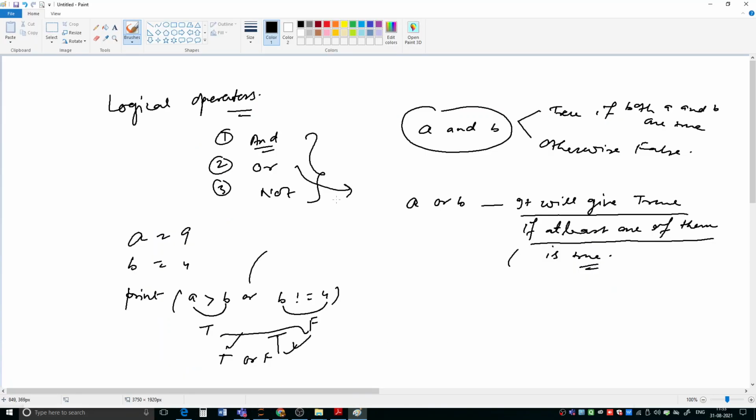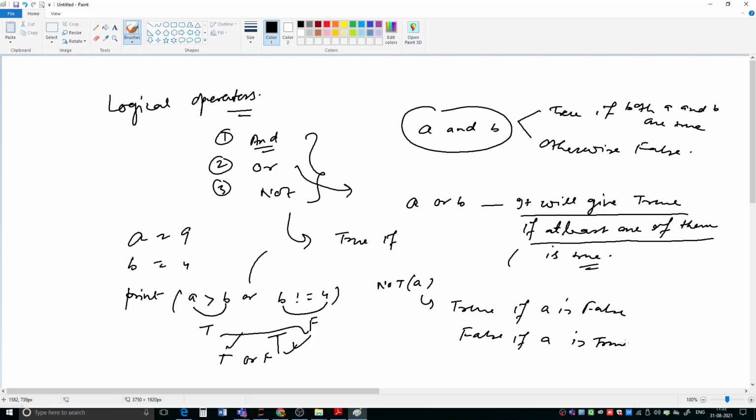Then the not operator. How does this not operator work? It inverts. If you are writing not A, it will give you true if A is false, and it will give you false if A is true.